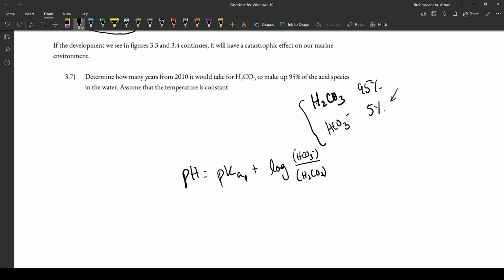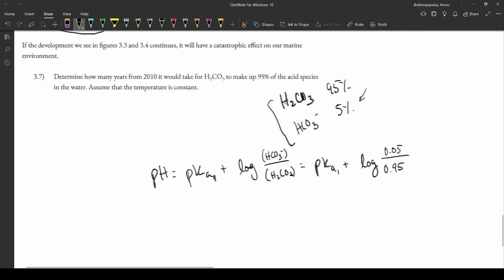The second one has to do with the dissociation of our HCO3 minus. Then pH equals pKa1 plus log of, because HCO3 minus is 5%, 0.05. The other one is 95%, so 0.95.